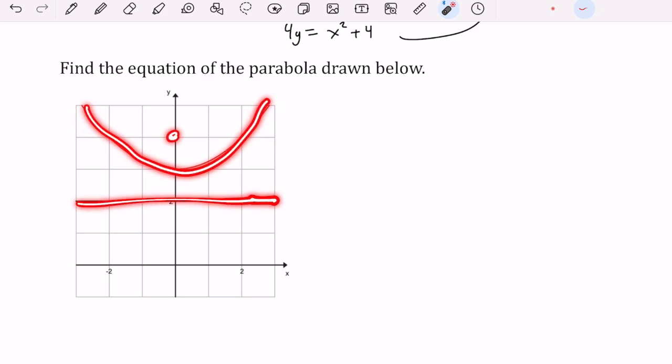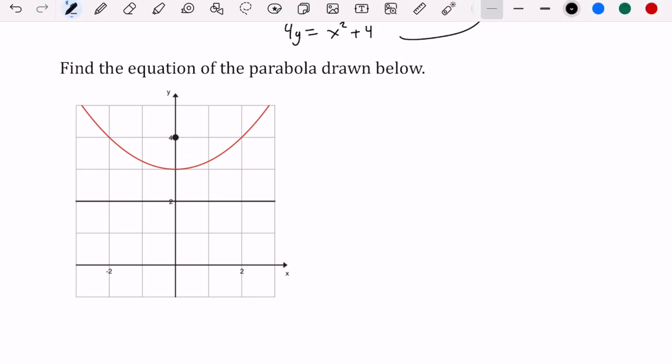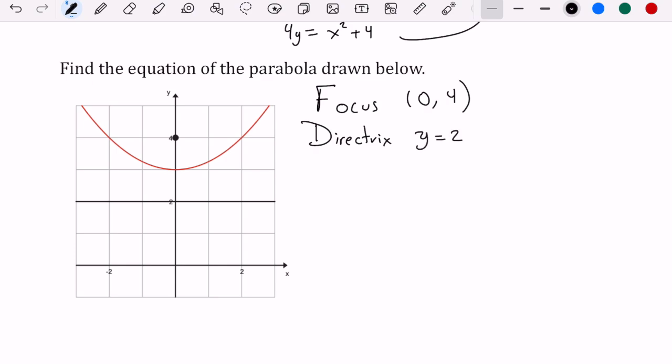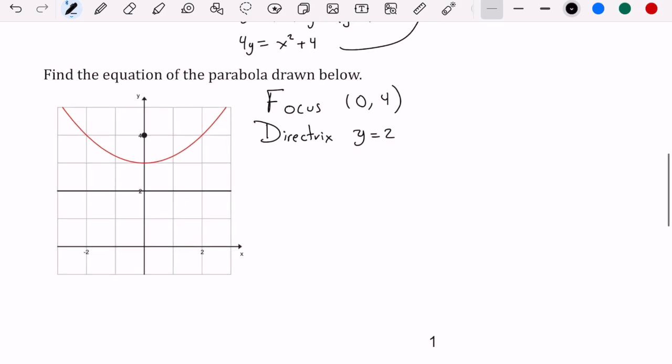So the focus is the point (0, 4), and the directrix is the line y equals 2. So I need to write again my analytic equation. The distance from point P to the directrix is the same as the distance from point P to the focus.